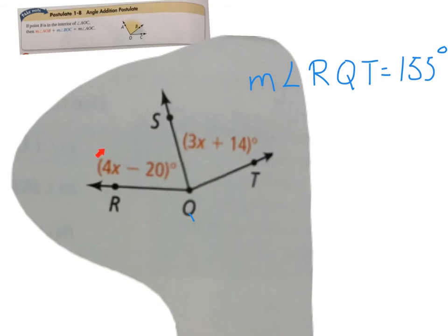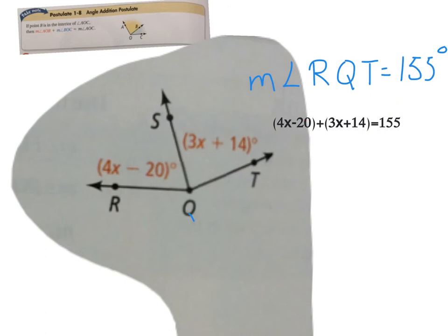So therefore, we should be able to add angle RQS and angle SQT together, add these two expressions together, and set them equal to 155 degrees. So we get this equation, 4x minus 20 plus 3x plus 14 is equal to 155.